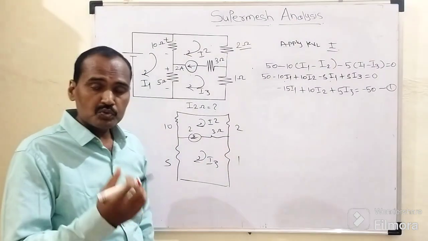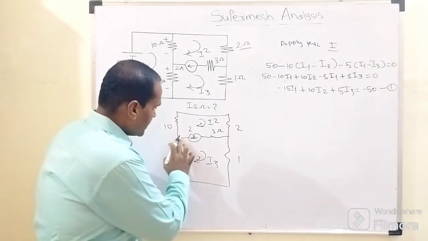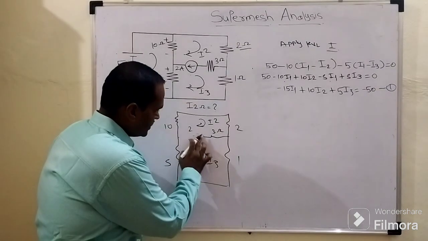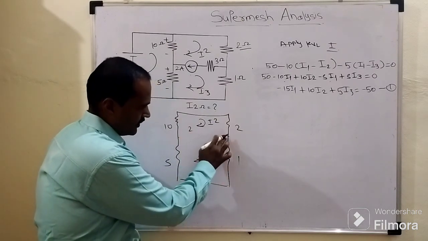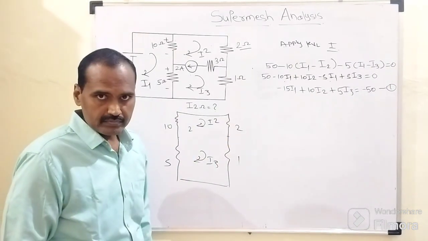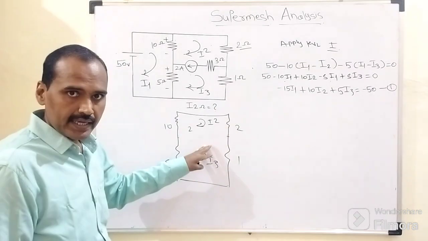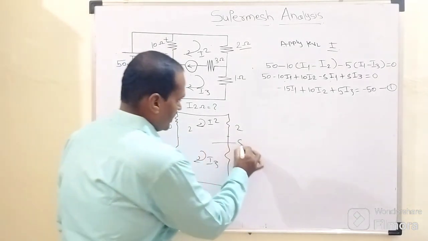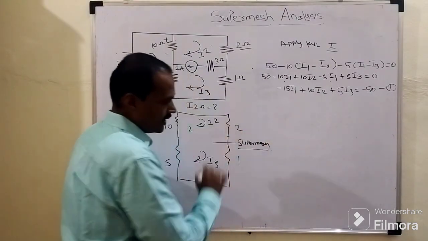Now super mesh concept is nothing but what? Virtually when we remove this branch which consists of this current source as well as this 3 ohm resistor, means virtually this branch is being eliminated, and as a result of elimination the remaining whole thing can be called a super mesh, right?